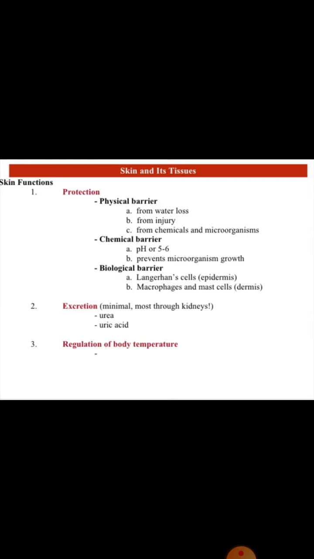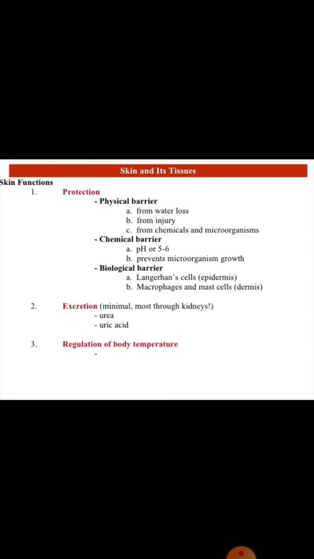Then biological barriers, Langerhans cells of epidermis, then macrophages and mast cells of the dermis, that capture the antigens from the outside, and after killing them send them out of the body.